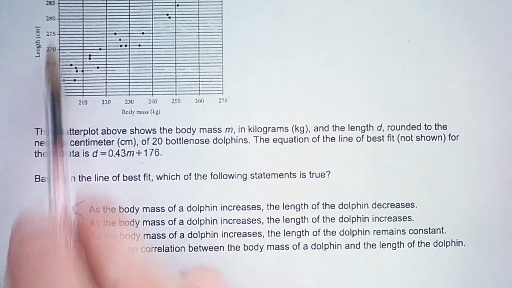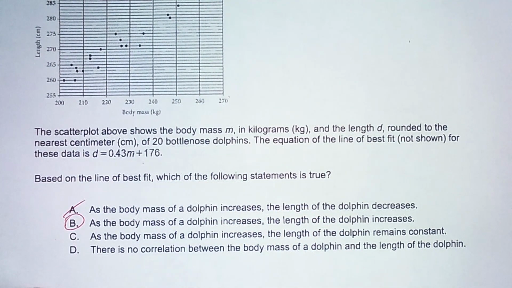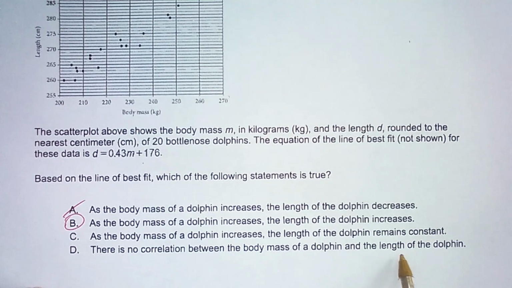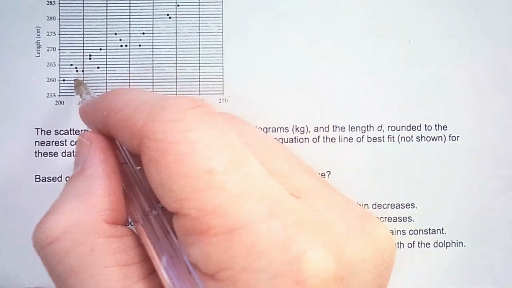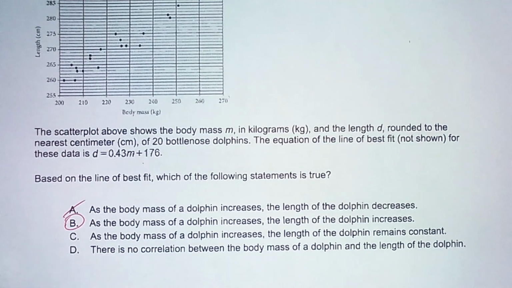As body mass is going up, so is length, according to this line of best fit. Okay, so option C, we'll just see if any of these make sense to compare to B. As the body mass increases, the length remains constant. Well, that's not true because the length is going up. There's no correlation. I don't think that's true either. As body mass goes up, so does length. Option B is a good option.